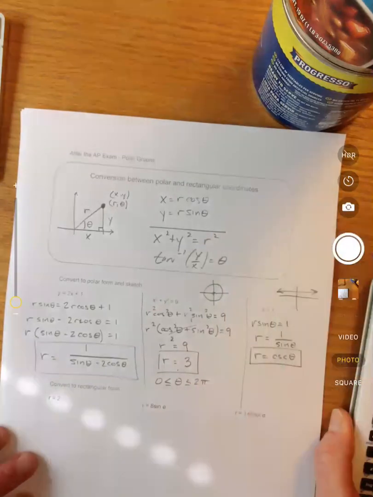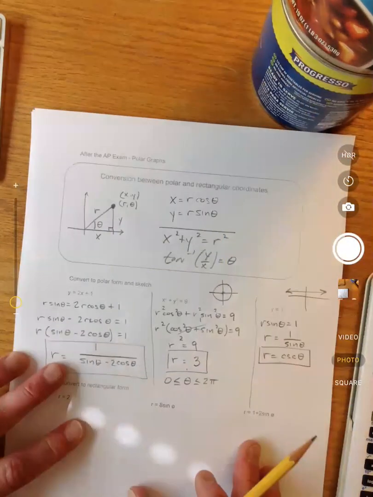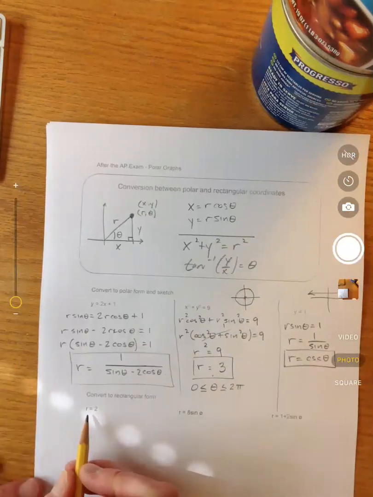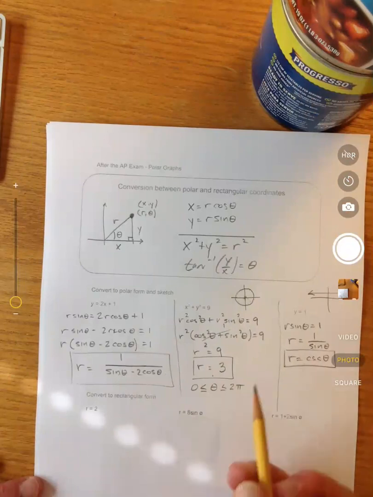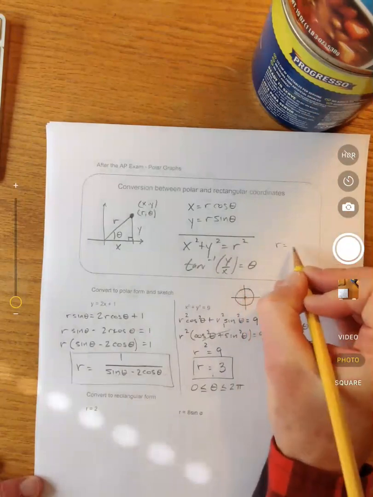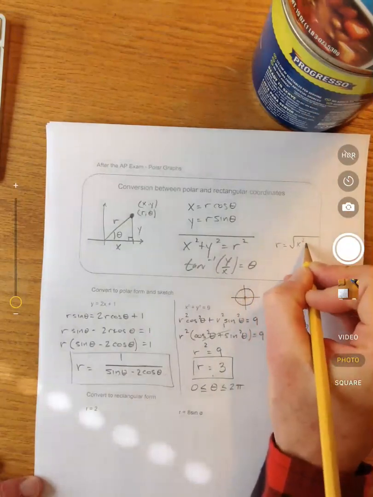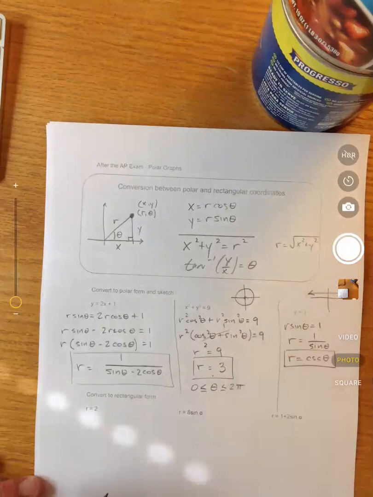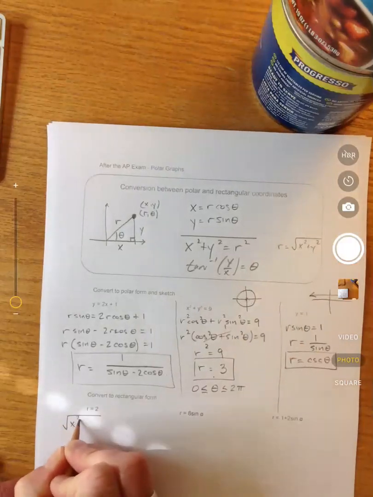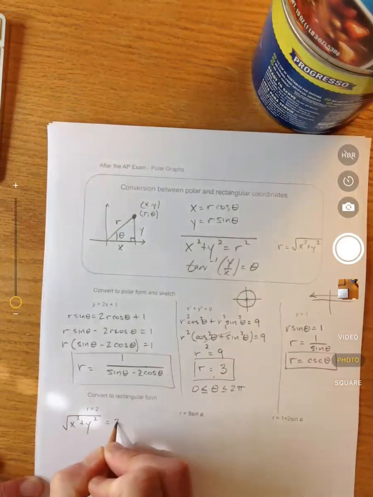And again, circular things are super simple in polar mode. How about going backwards? If r equals 2, what is it in terms of x and y? Well, r technically equals the square root of x squared plus y squared. You could do that, but after you do these a couple times, you'll see a little shortcut.